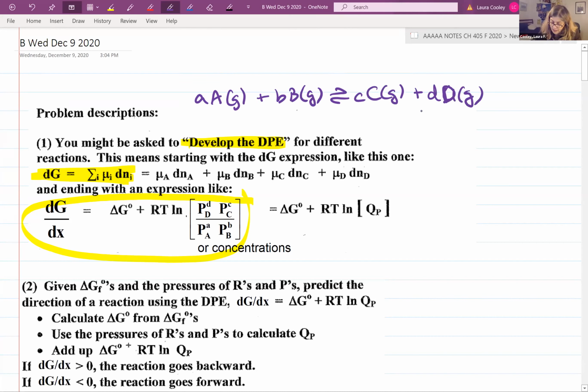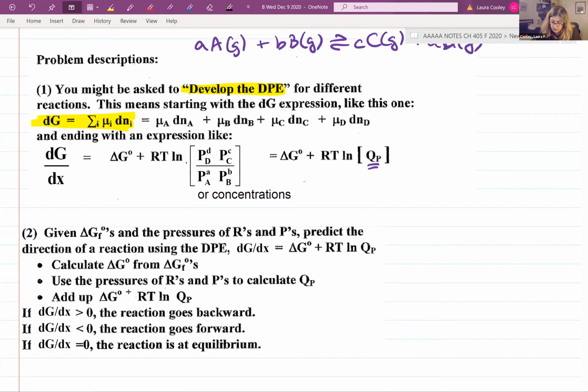So you'd get an equation that looks like this, but you'd have different things in here with different powers. And that's the Q. I also showed you that it might not always be called QP because it might have a molarity in there or something. Then we just call it Q. So I think I went over this really last time, that you start with this, and that's what I mean by develop the DPE.